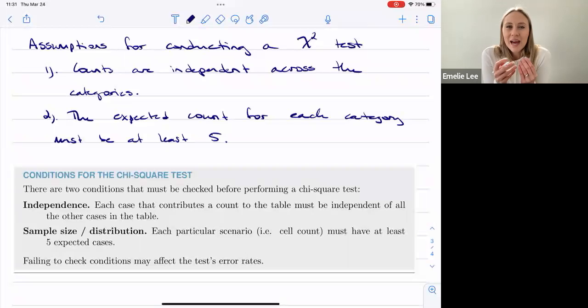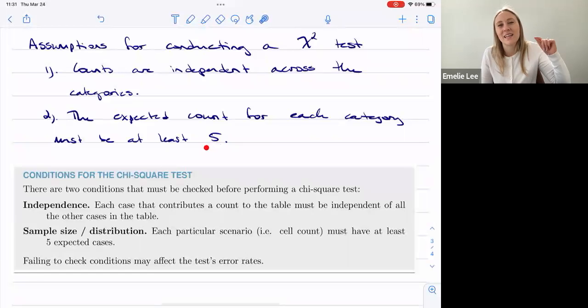So you can't have a probability that's so small that you're only expecting to see 2 successes, because that's going to get lost in the shuffle. What does that mean? It means I have to increase my sample size, right? Because the expected counts depend on the sample size. So the expected count is going back to the expected successes and failures, but now we have more categories, right?